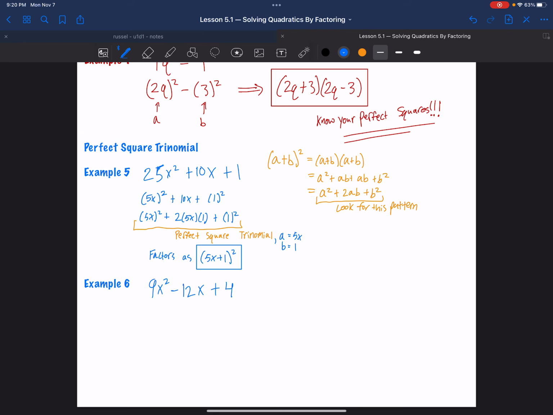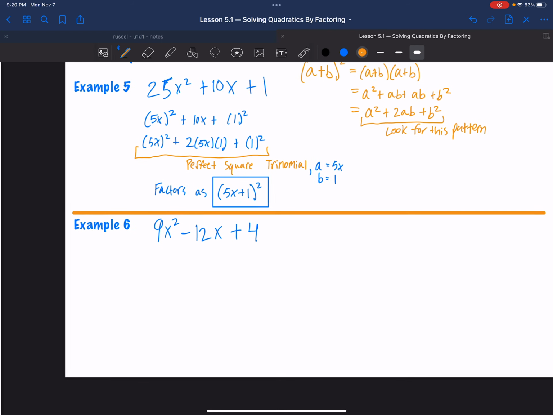There's your perfect square trinomial. All right. Draw a nice line like so. Nice. So that's just my little divider there.